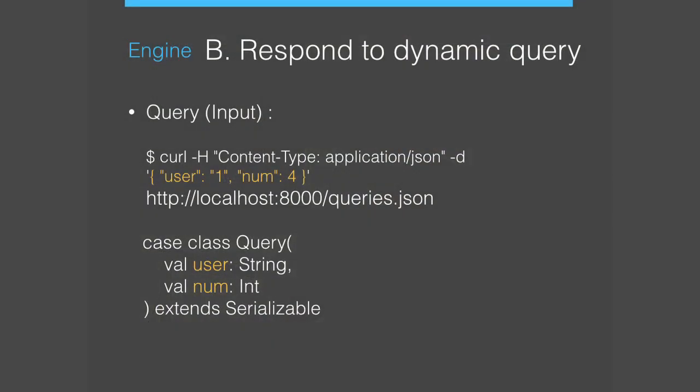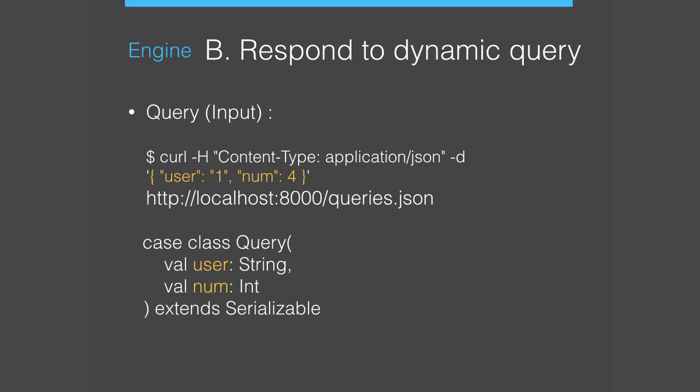So now you have an engine that is deployable. You have deployed a model. What does the source code look like in an engine that is responsible for responding to real-time queries? When I say query, it means the input from your mobile application to the engine to request something.